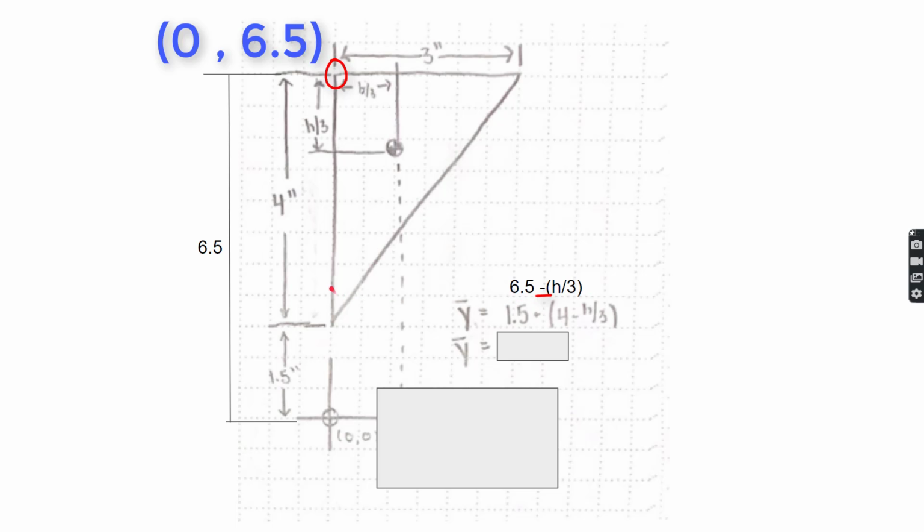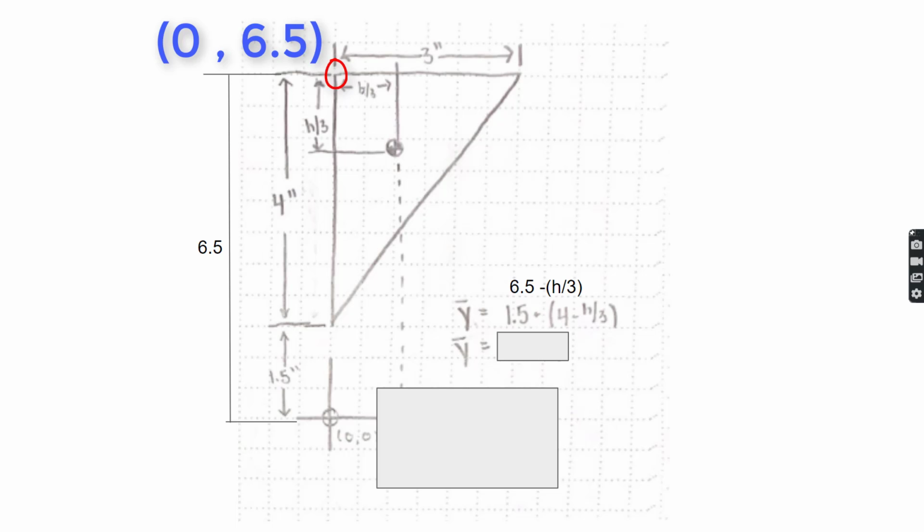So again, if you get the ordered pair for that right angle of your triangle, and then look at, are you moving to the left or right? Left being negative, right being positive from that to get to your centroid, or up or down if you're in the y bar, up or down. All right.